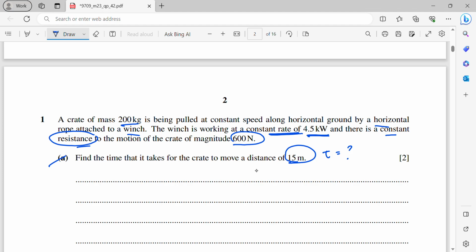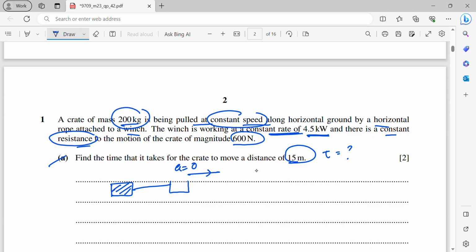Basically, when I draw the diagram, let's say this is a crate, and it's pulled at a constant speed by a horizontal rope. Let's say this is the rope and this is a winch. And now, from here, we know that constant speed means that the a equals 0.